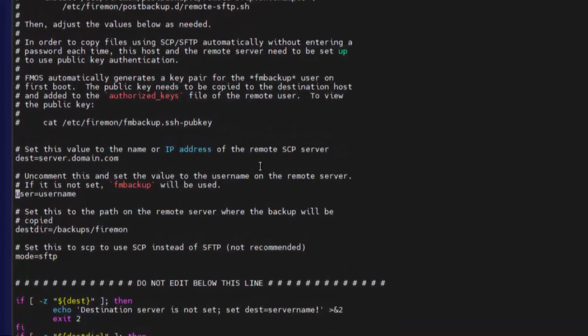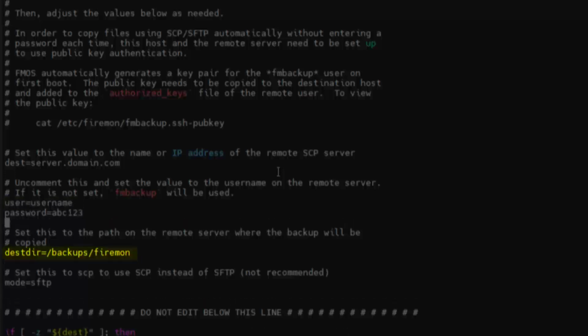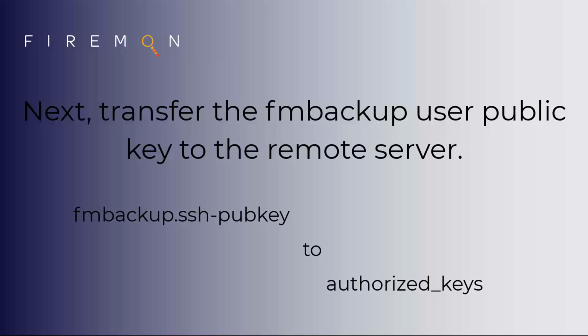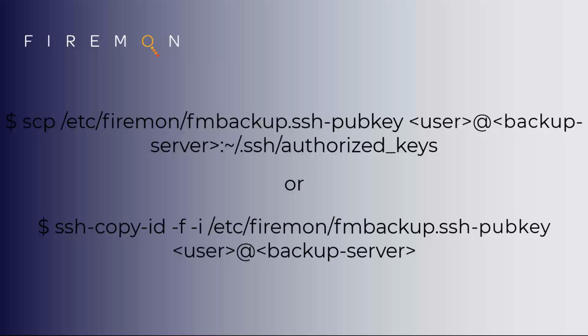The parameters to configure are destination IP or FQDN, user, destination directory, password, and the transfer mode. Finally, we will need to copy the FM backup user's public key from the database server to the backup host's authorized_keys file, either by using the SCP or SSH-copy-ID commands as shown.